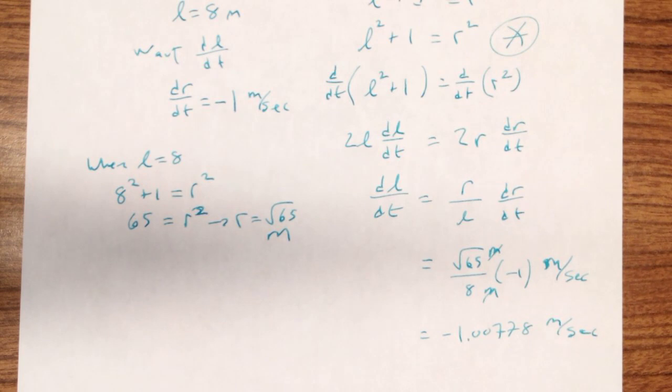You could fix that in the words, because you could say, oh, the length is decreasing at 1.00778 meters per second, decreasing at a positive rate. Questions? At this point, if you have questions, you should be emailing me.